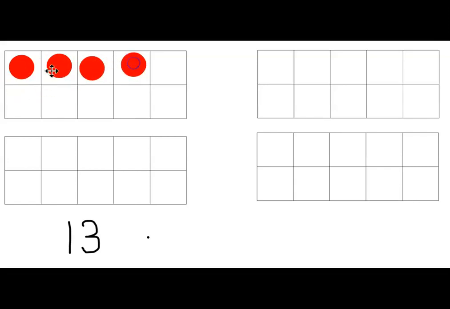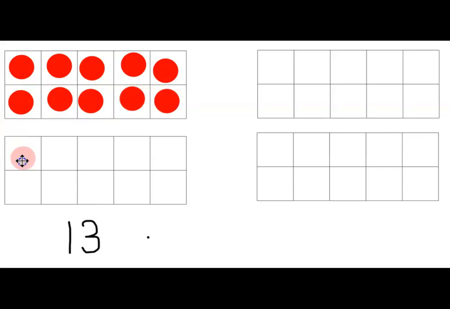So can you tell me how many I will have in this 10 frame? You are correct. We're going to fill up all of this 10 frame. So for 13 we have 10 and how many more? You are correct. We have 10 and 3 more.